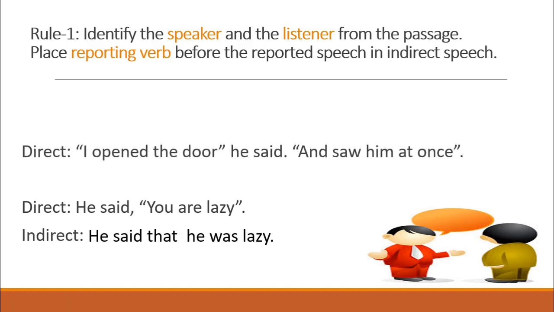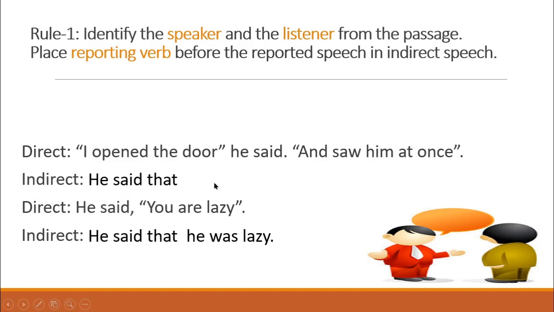In example number 2, we have "I opened the door and saw him at once," he said. Here we have the speaker at the end of this sentence. So we have to write down the speaker and the reporting verb first when we are changing the sentence from direct to indirect.